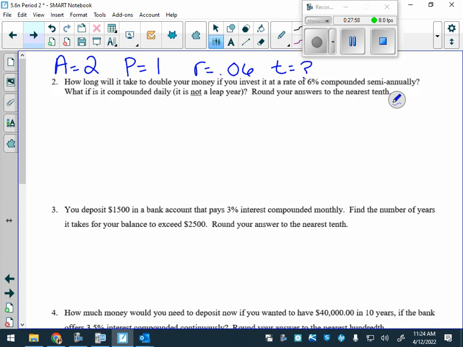Okay? So, the first question is semi-annually. So what is your N going to look like? 2. Okay? So just to set up, and then we'll get to this after, 2 equals 1, because our ending amount equals our beginning, 1 plus 0.06 over 2, to the 2t.